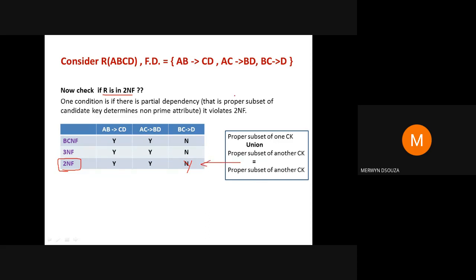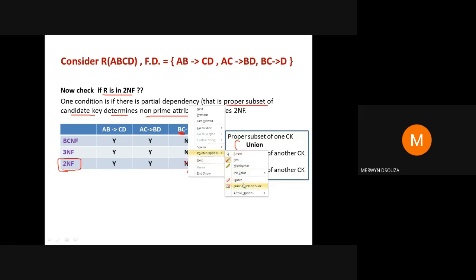When you find the proper subsets of a candidate key, check whether the union will determine a non-prime attribute. You can find that the union of the proper subsets gives you BC, which determines D, which is a non-prime attribute. Therefore we are writing here N.